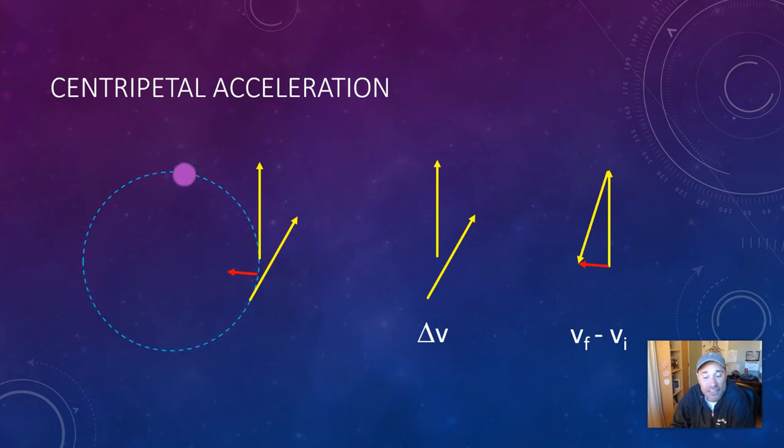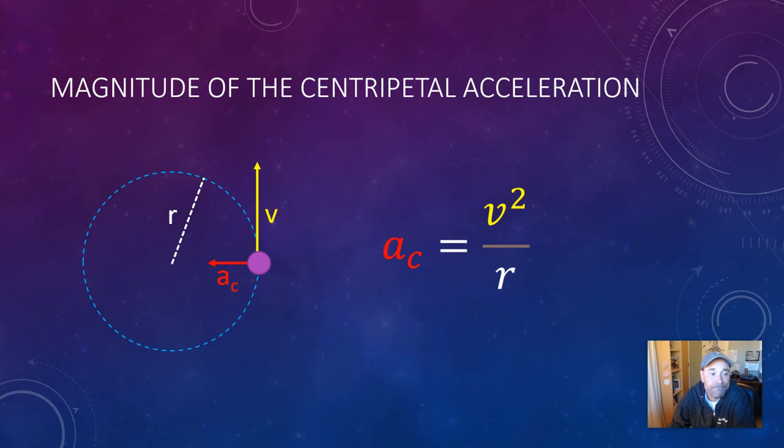And that is called circular acceleration, also known as centripetal acceleration. Centripetal acceleration is a fancy word that means center seeking. So centripetal acceleration, center seeking acceleration, is the one that causes things to travel around in circles.